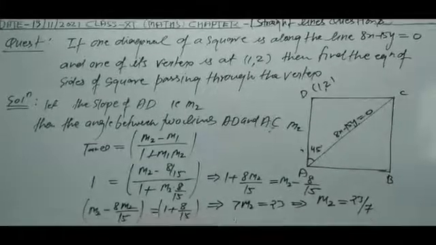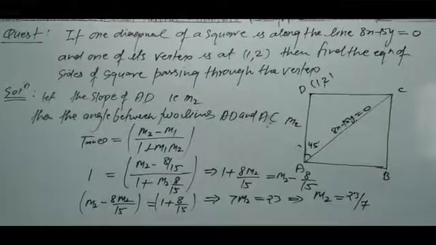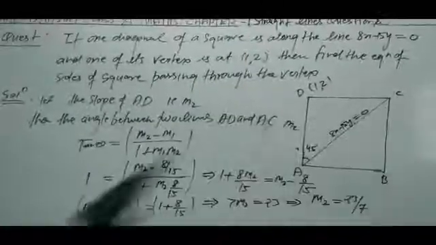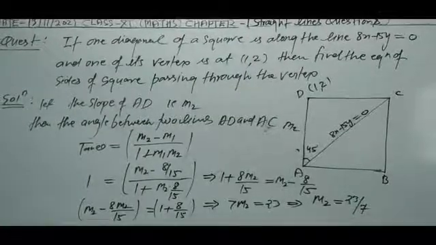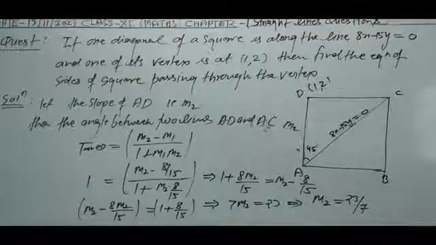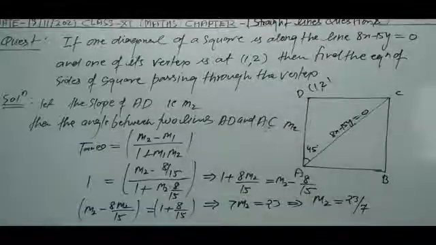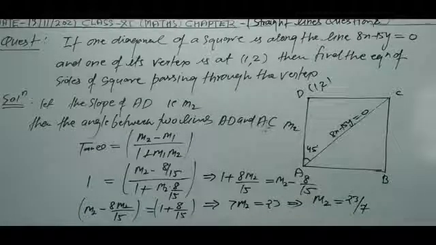Now see, now this is the slope of AC and AD.